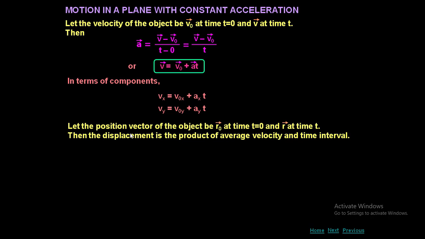Let the position vector of the object be r naught bar at a time t equal to 0 and r bar at a time t. Then the displacement is the product of average velocity and time interval. Therefore, r bar minus r naught bar, which is nothing but change in position.